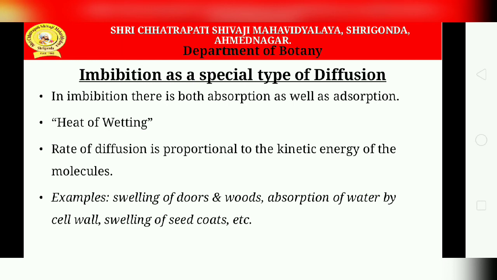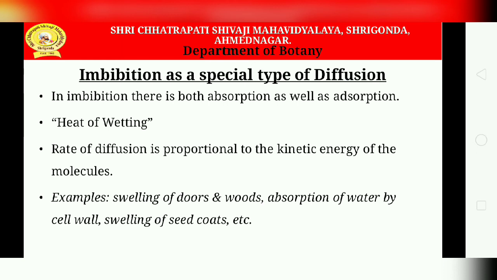Some water molecules are held over the surface; this is adsorption. The molecules tightly held on the surface of the imbibant lose their kinetic energy due to immobility. So seeds kept in water overnight make the water warm. This is known as the heat of wetting.